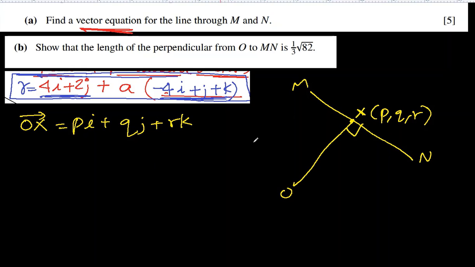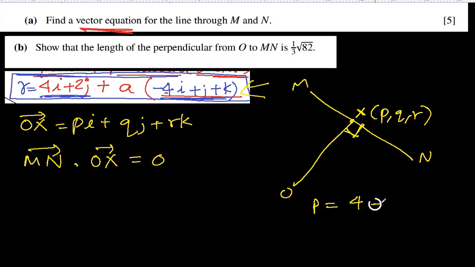And now we know that the line MN and OX are having a 90-degree angle. That means vectors MN and OX, their dot product will be 0. So first we know that X is lying on the line MN, and MN has this equation. Can I say that P coordinate will be 4, this one I'm talking about, plus, I'm not writing i, okay, because the coordinate I'm talking about this time, not the vector.